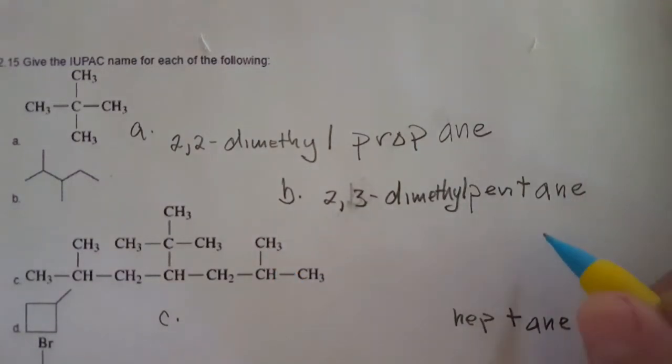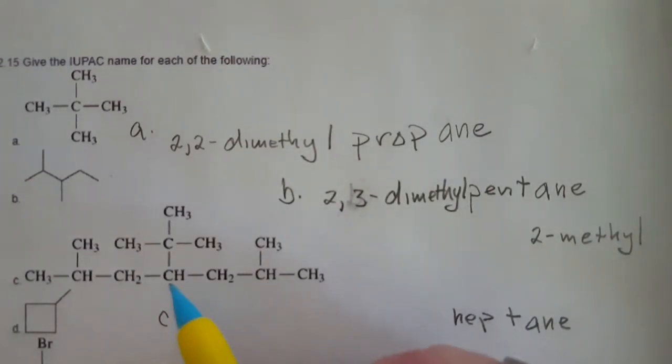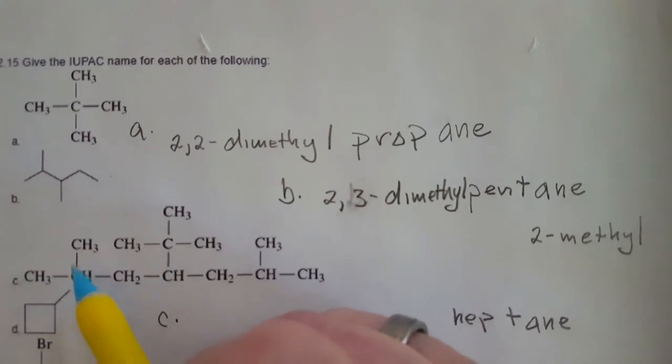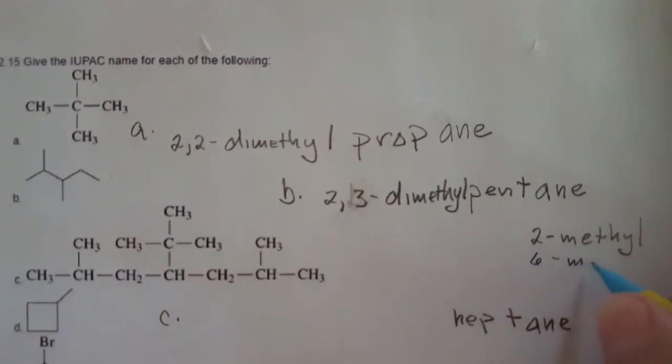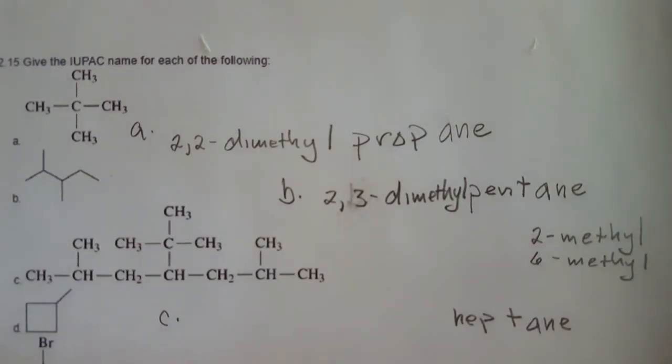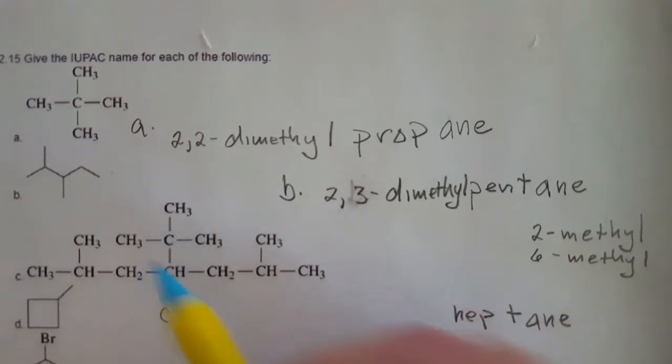So here we have a 2-methyl. 1, 2, 3, 4, 5, 6. We have a 6-methyl. And then we have this big group.